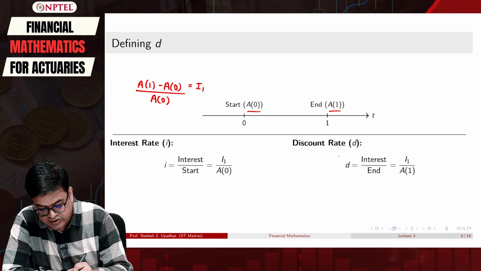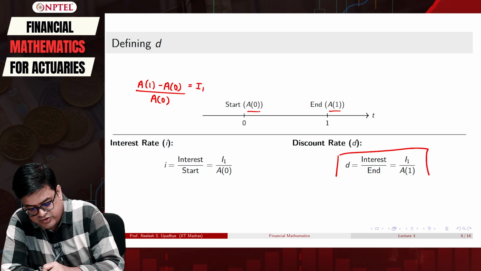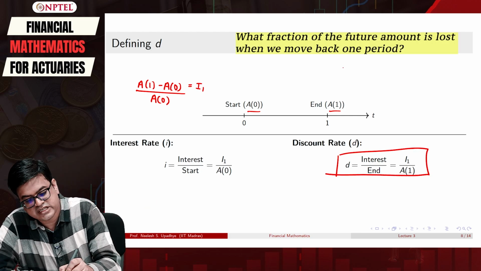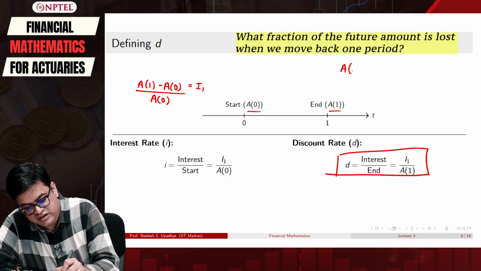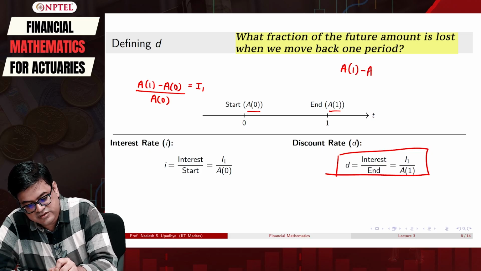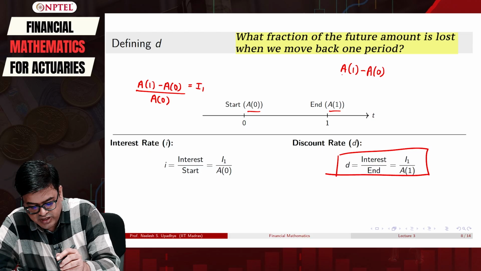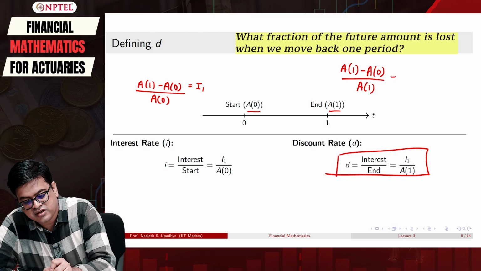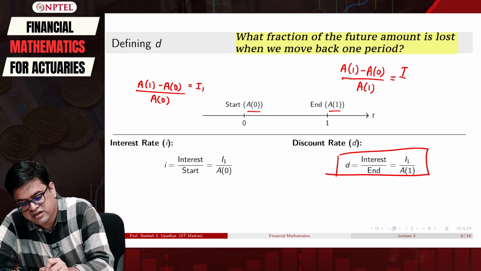Now look at this particular term, which is d, which we are defining now. The interest is the same, A1 minus A0, this will be the accumulated value, but it is divided by A1. Okay, so this is I1 divided by A1.